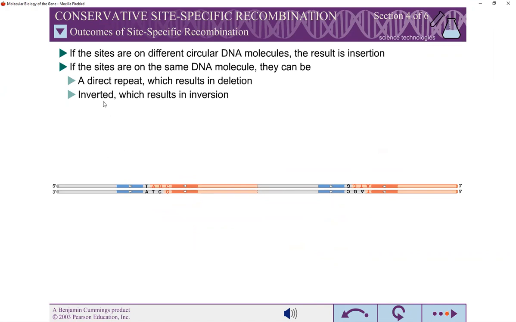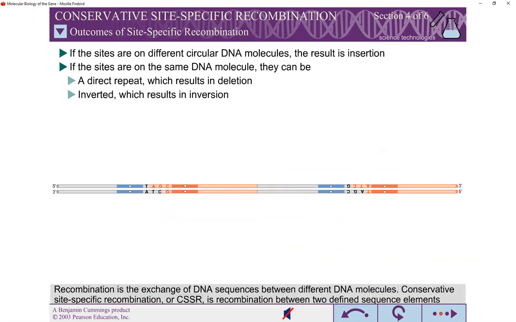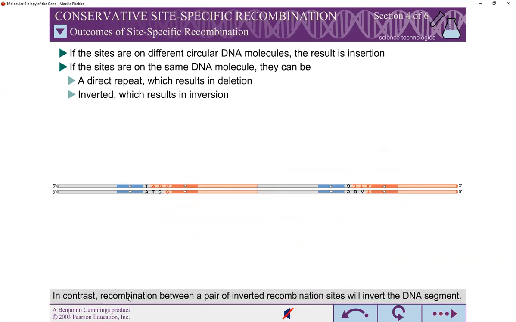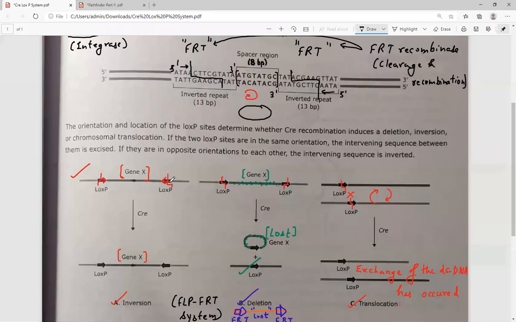This is what I have told you, that if the recombination takes place in between the two inverted lox sites, or between the two inverted FRT sequences, then the gene present in between them will be inverted.